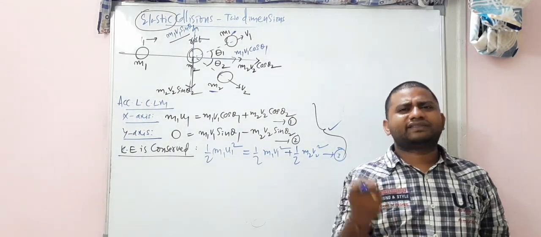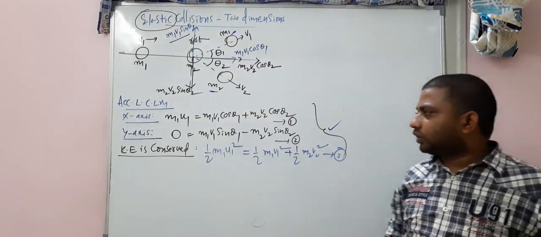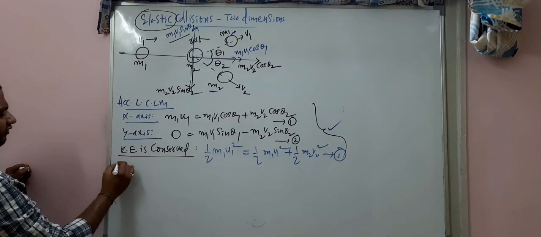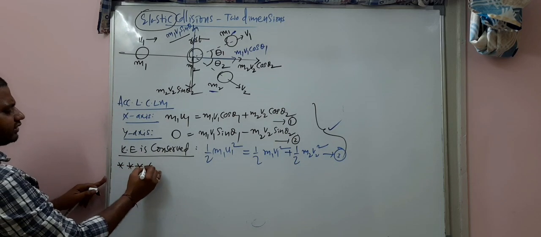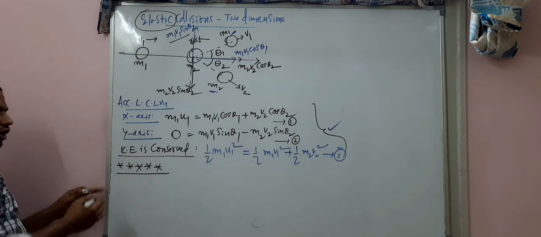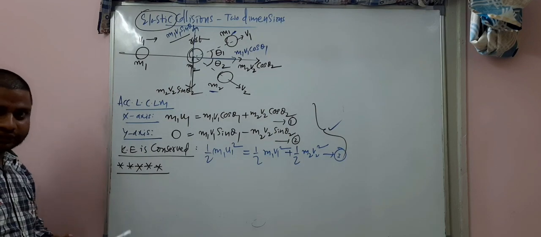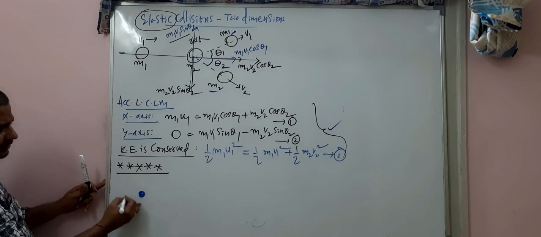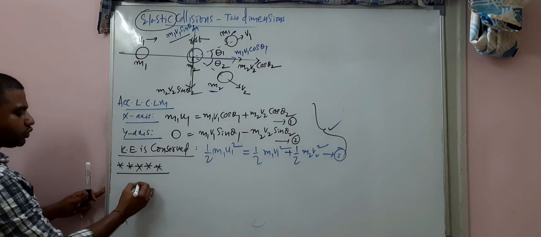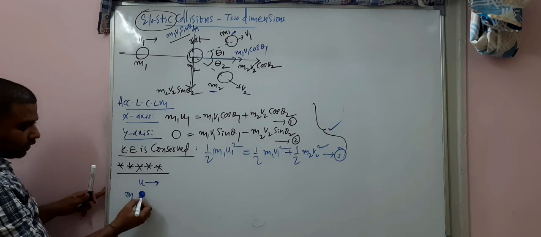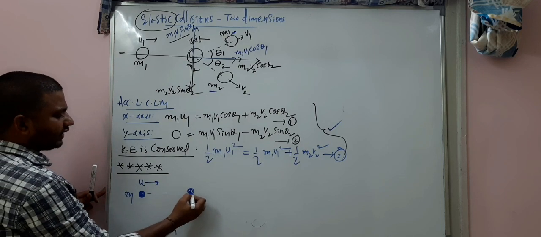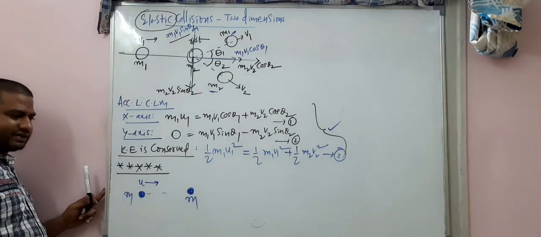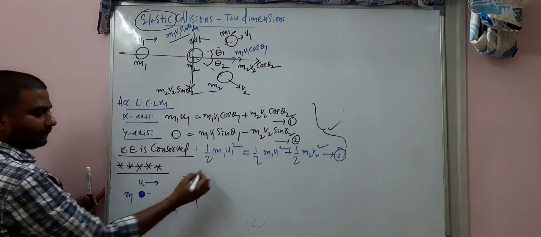That is why let's solve a question, and before solving the question I'm telling you one more very important concept, put 5 stars on it, the most important concept we are going to discuss. There is a body of mass m which is moving with a velocity u. And on the same line there is another identical mass, the same mass, but it is at rest.